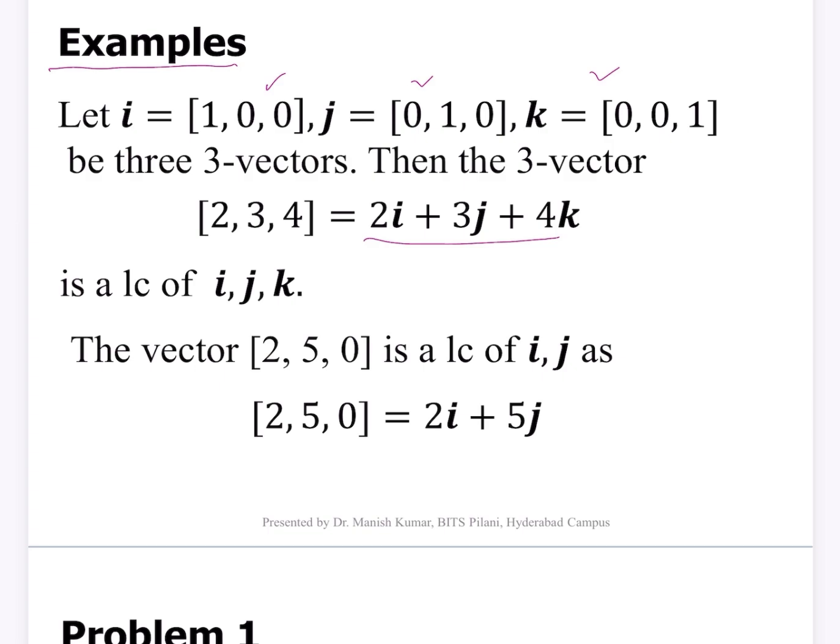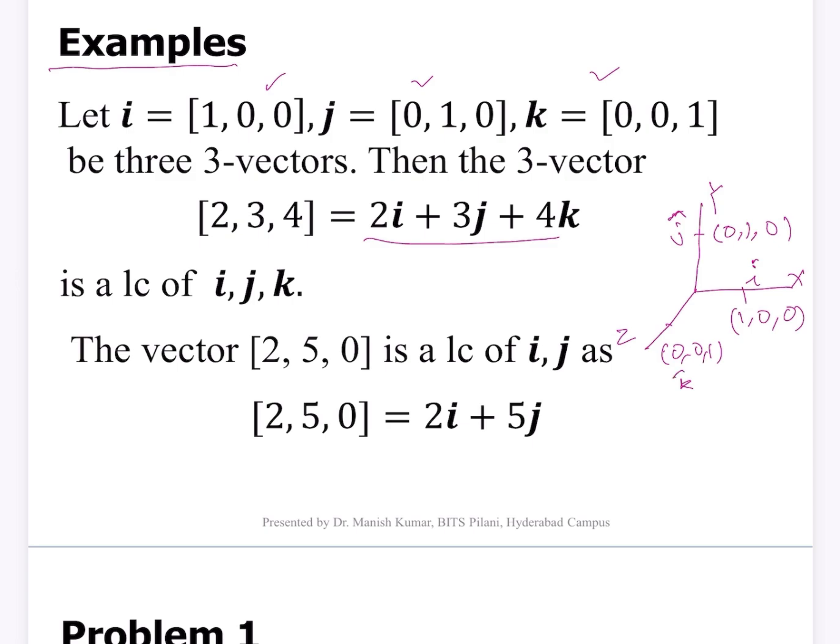If you see the specialty of these three vectors in 3D, this is (1, 0, 0), this is (0, 1, 0), and this is (0, 0, 1). So this is the x-axis, this is the y-axis, this is the z-axis, and they have special names i, j, and k. Unit vectors actually, so we can say unit vector cap.